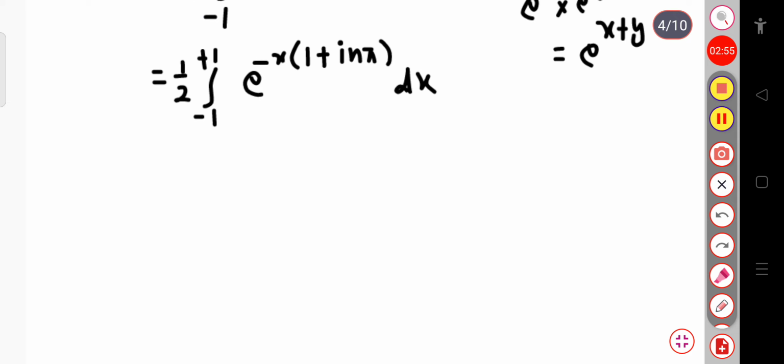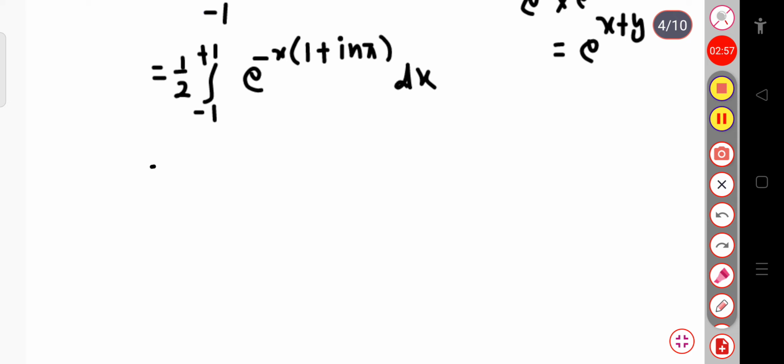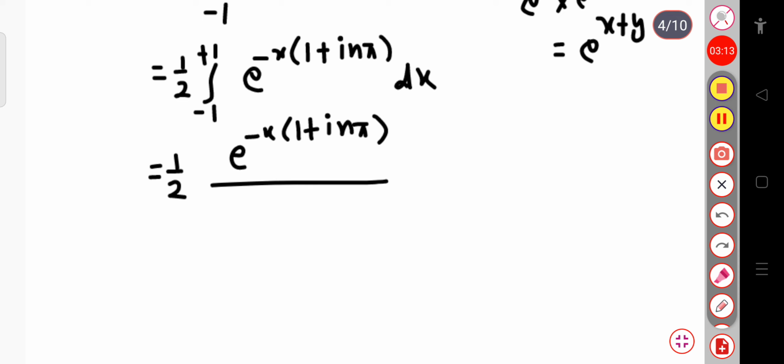Now if I integrate this expression, it is equal to 1/2 remaining as it is. The integration of this will be e^(-x(1+iπn)) divided by the coefficient of x, that is -(1+iπn), since we are integrating with respect to x, and after that we put the limits -1 to +1.